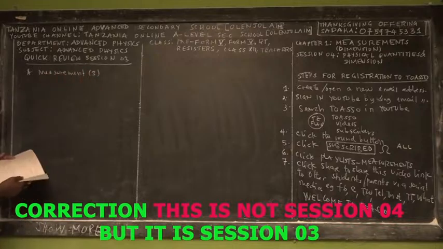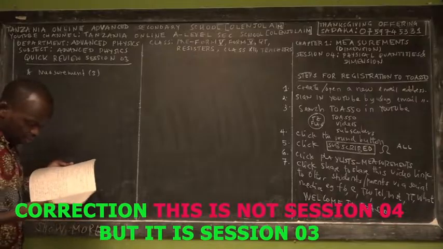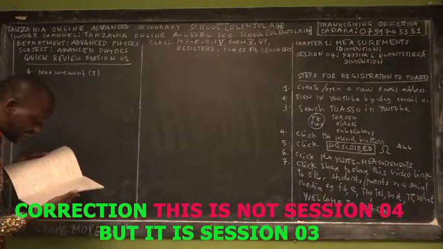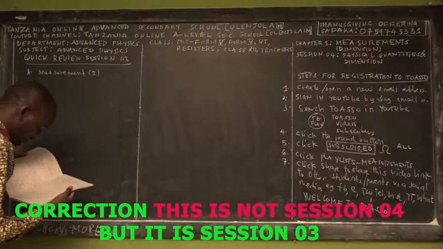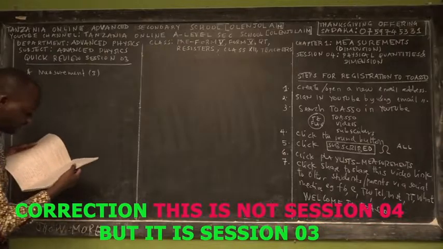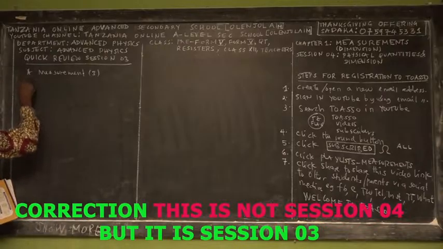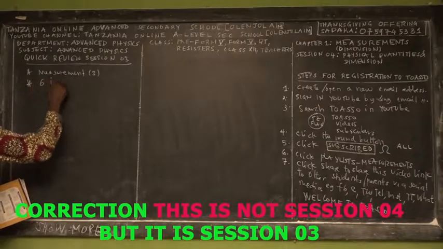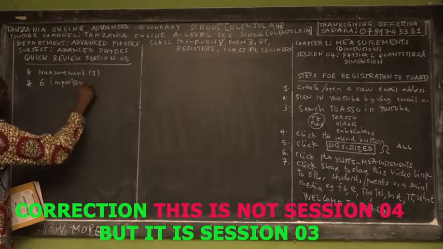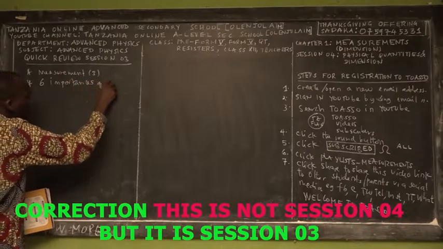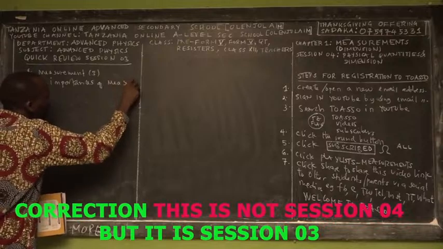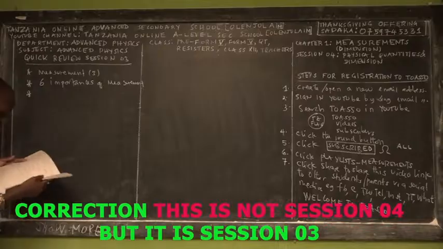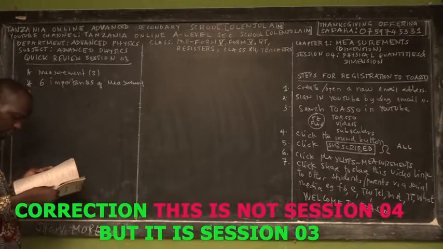One of them states that measurement is a determination of the size or magnitude of something by comparing that unknown quantity with some standard quantity of equal nature, known as a measurement unit. Then I presented to you 6 importances of measurement. Measurement is a very important subject in the entire field of physics.